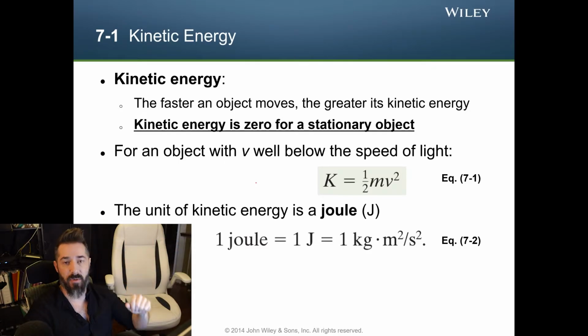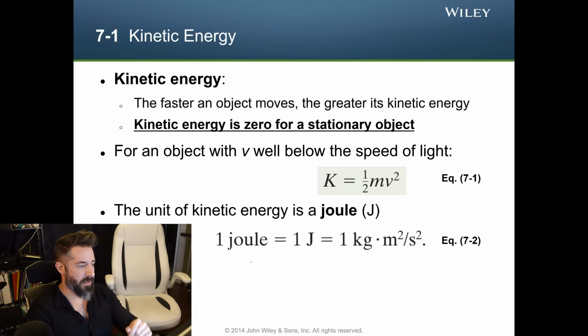It'll have more energy when it impacts the ground if I drop it. So by me picking it up and doing work on the system, and these are terms we'll get into in a minute, I'm putting energy into the system. The energy is still conserved. I put more energy into the system by raising it up, if that makes sense. Hopefully your lab instructor goes over that more. We'll see. Who knows?